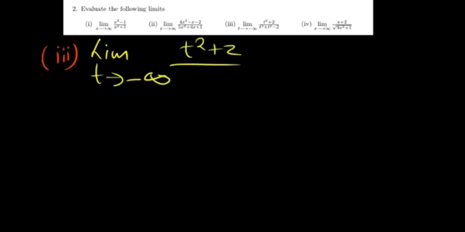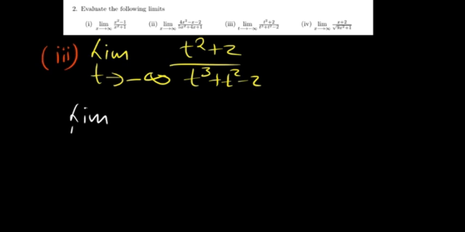So equally for the third one, you do the same. Here we have the limit as t approaches negative infinity of t squared plus 2 over t to the power 3 plus t squared minus 2. For this one, we'll do the same.